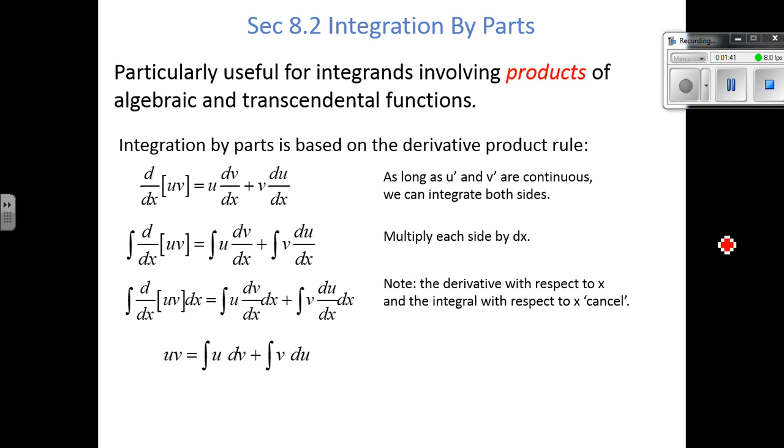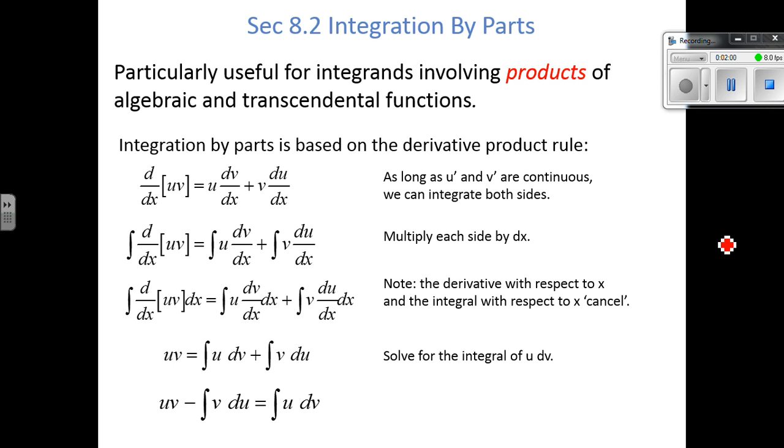Over here, the dx's cancel on the right-hand side, so I just have the integral of u dv plus the integral of v du. Then we solve for the integral of u dv, and that gives us uv minus the integral of v du.